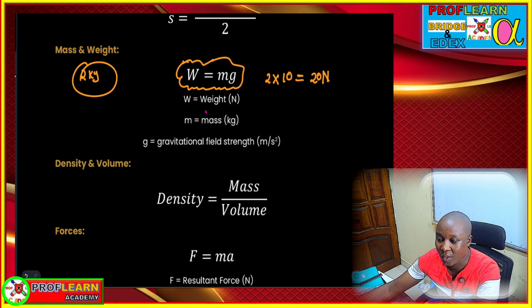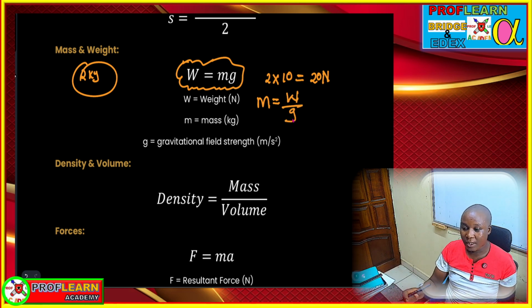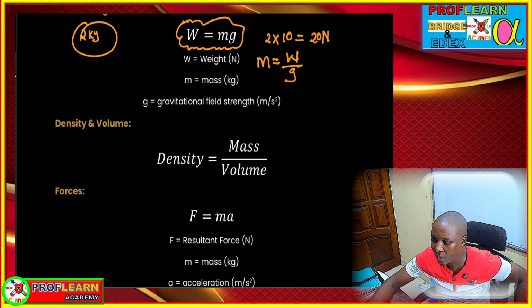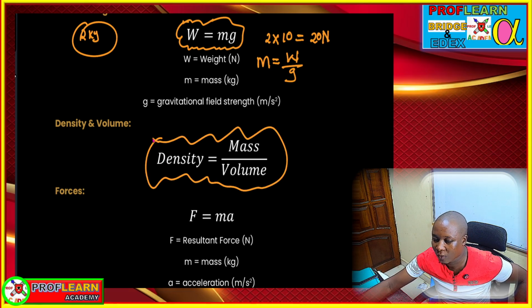You also need to understand that this formula, weight equals mg, can be rearranged, and mass is going to be equal to weight divided by gravity. So formulas can be rearranged so that you can work out an unknown quantity. You also need to understand the formula for density. Density equals mass over volume.